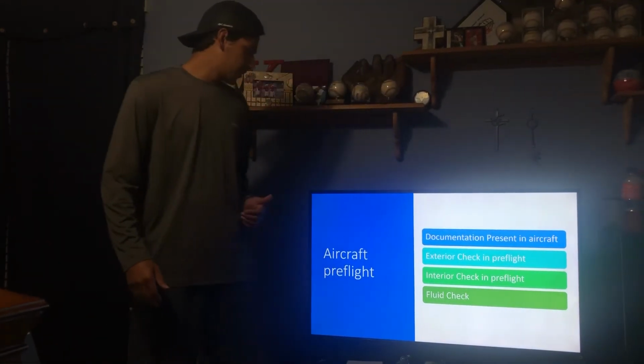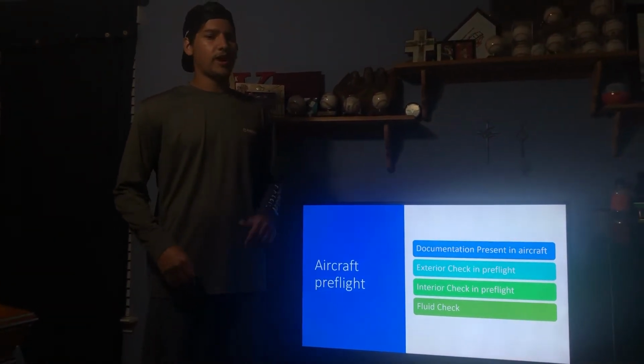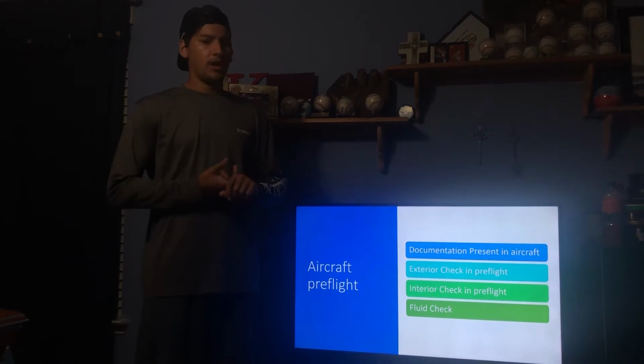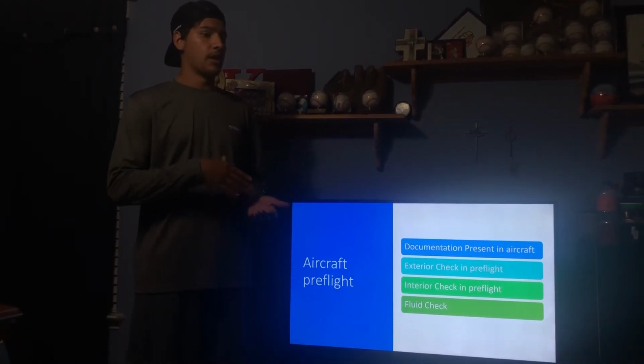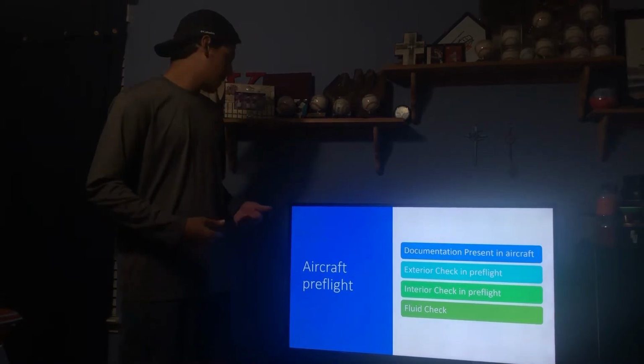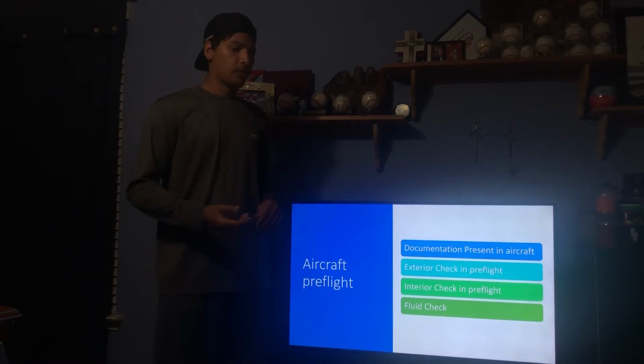So the aircraft pre-flight, you got to make sure that the documentation is present in the aircraft, make sure that the airworthiness is there, registration, make sure that all documentation is within the aircraft before getting into the plane, let alone flying it. Make sure that you go through an exterior check for the pre-flight.